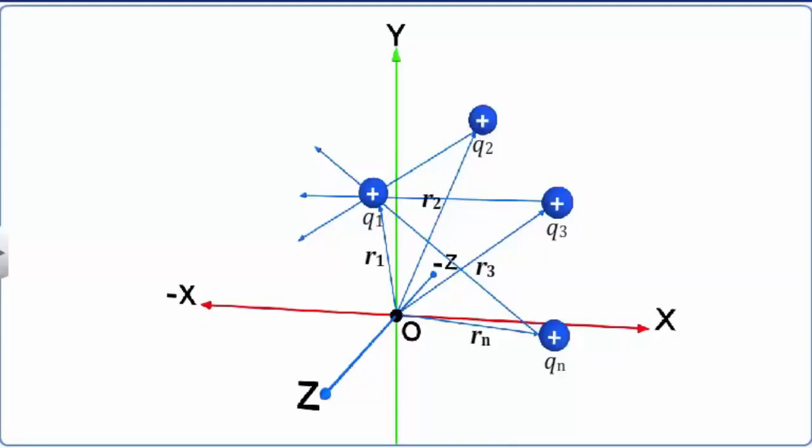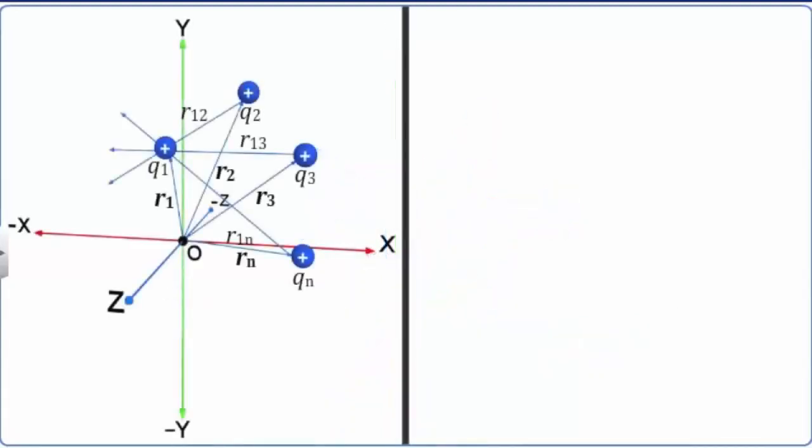This principle is called the principle of superposition. For example, if the charge Q1 is considered, then, according to the principle of superposition, the net electrostatic force on the charge Q1 is F1 equal to F12 plus F13 plus so on till F1n.